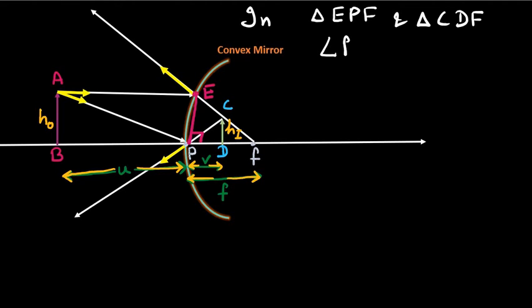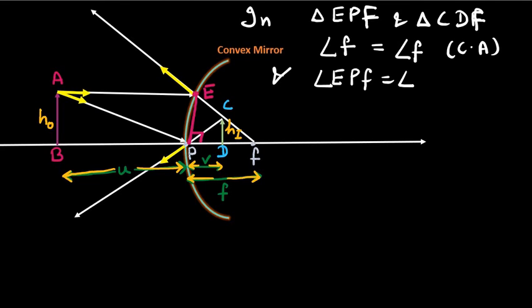Angle F of EPF, the F is small letter f, is equal to angle F of CDF. This is a common angle, common to both the triangles, and angle EPF is equal to angle CDF, both 90, since they are perpendicular to the principal axis.